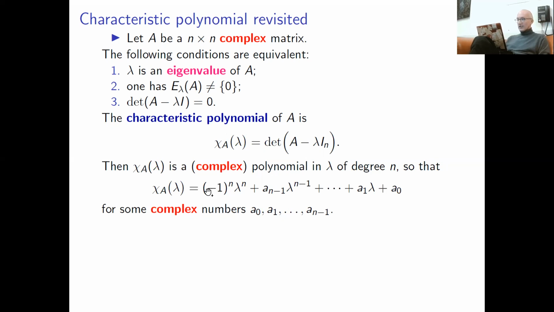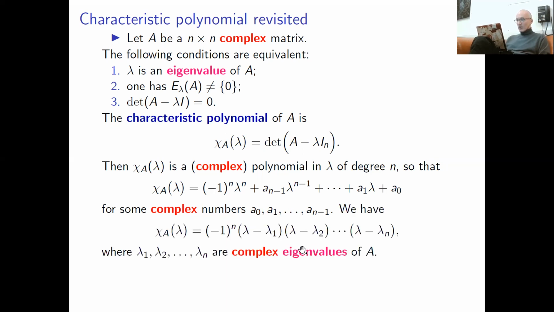The leading term is, as with real numbers, minus 1 to the power of n. The final term is the determinant of your matrix, and the coefficient in front of lambda to the power of n minus 1 is just the trace of the matrix A multiplied by minus 1 to the power of n.